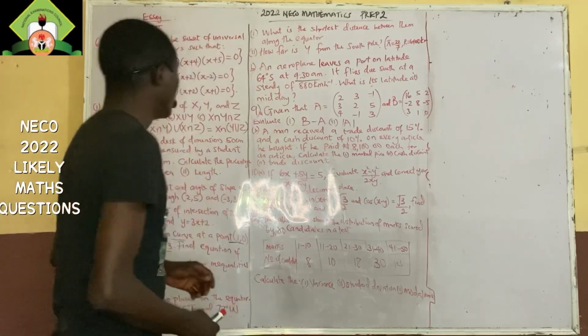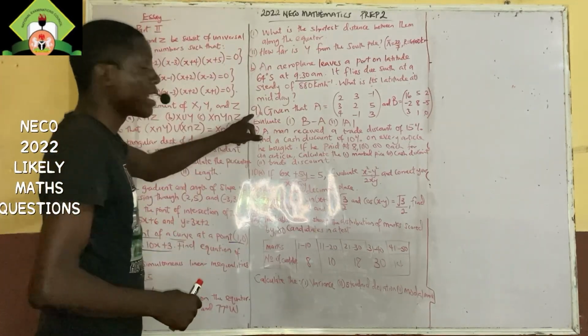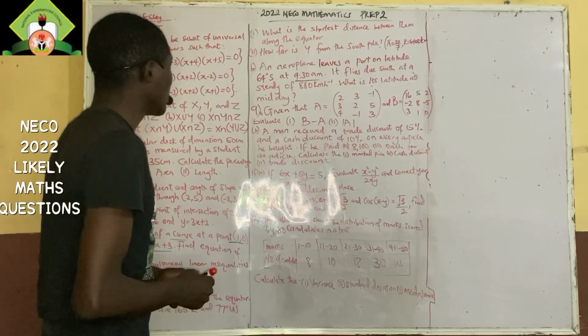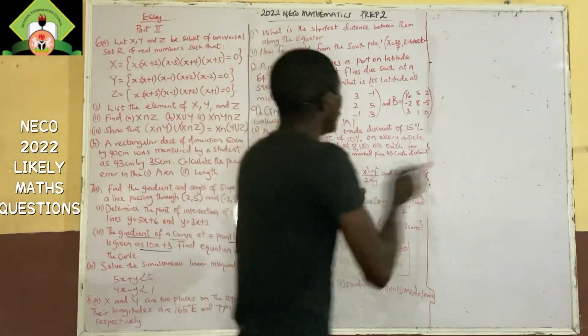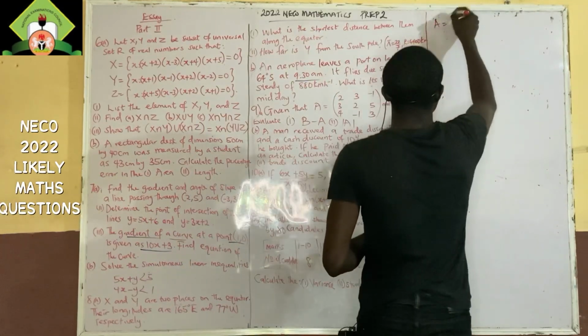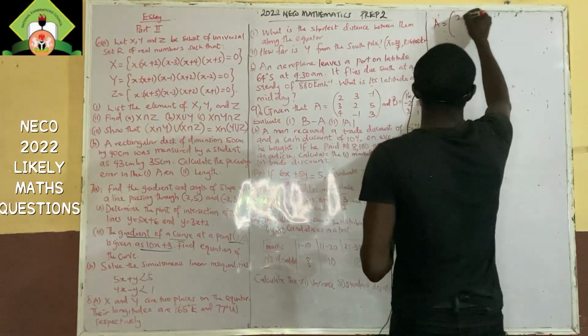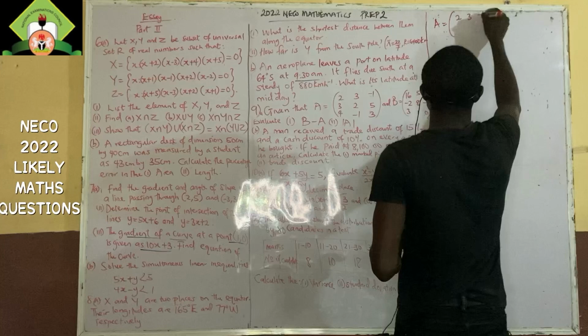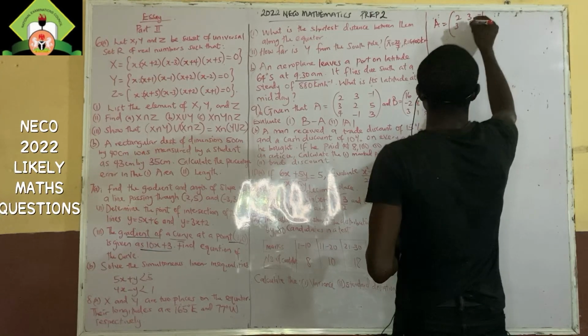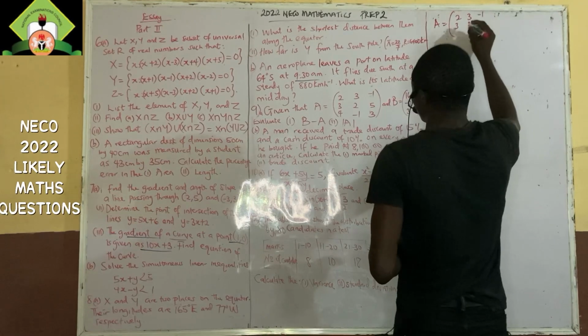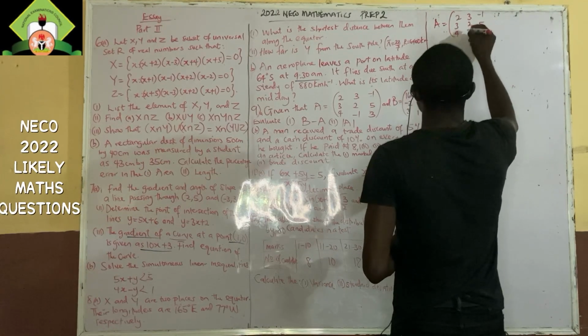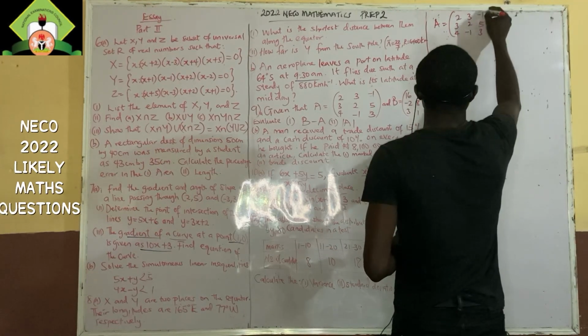So welcome back. Now I want to consider question number 9. Question 9a says that given that A equals the matrix with rows 2, 3, minus 1; 3, 2, 5; then 4, minus 1, 3.